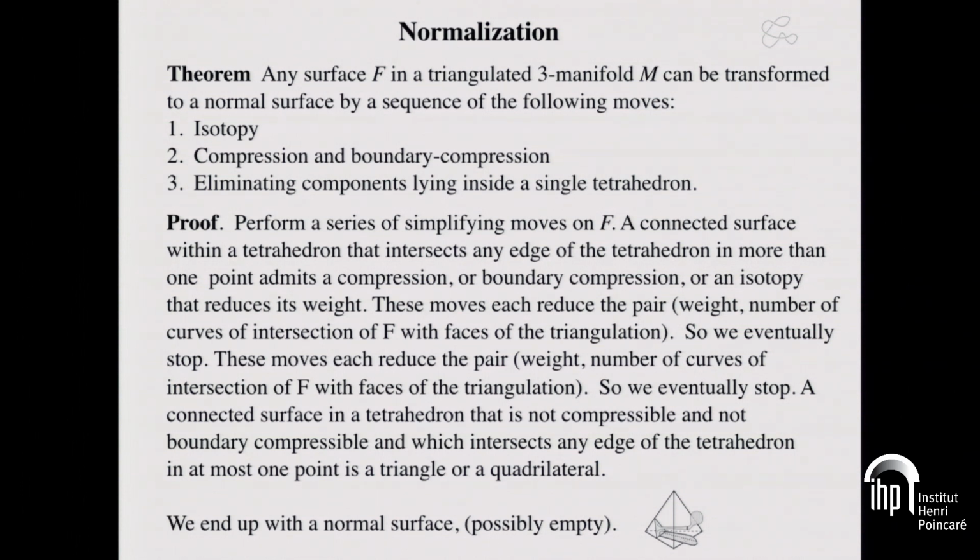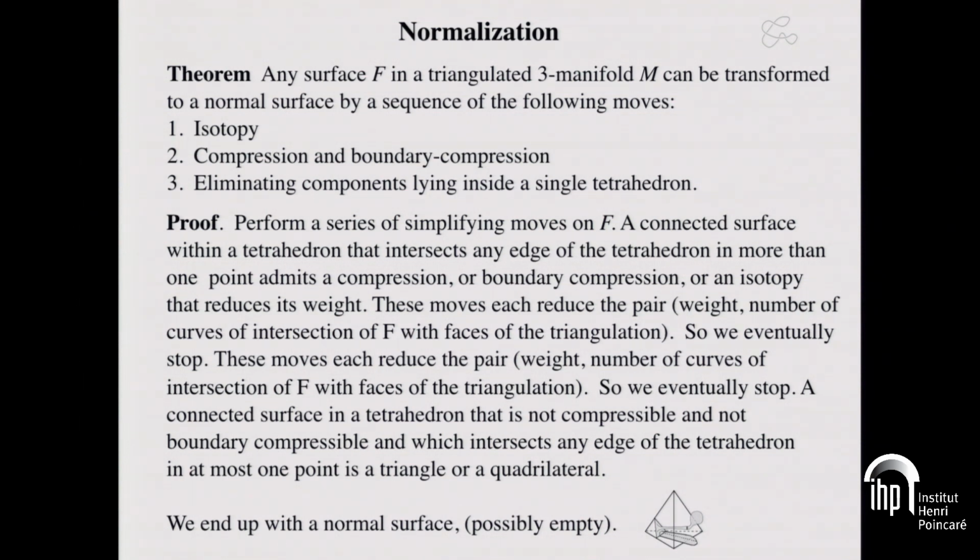Okay, but we have changed the surface, so if I'm going to make any claims about what I get at the end, I'm going to have to make sure that I haven't messed up the properties that I started with. So at the end, what we get is a surface which intersects each tetrahedron in some disk. It can't be of higher genus because I can compress away higher genus. So it'll intersect each tetrahedron in a disk, and that disk will not cross any edge more than once.